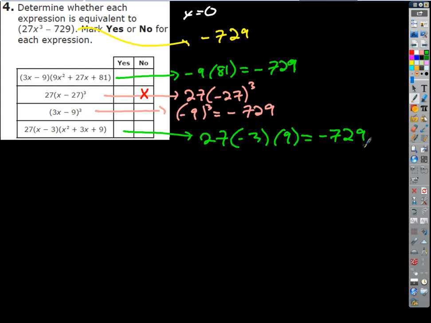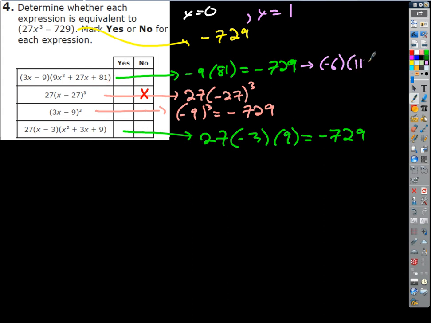Like what if we check something like 1? We only have to check the ones that succeeded. So if we check x equals 1, then what would happen? Well, this one right here gives me 3 times 1 is 3, minus 9 is negative 6, times 9 plus 27, so that's 36 plus 81, which is 117.